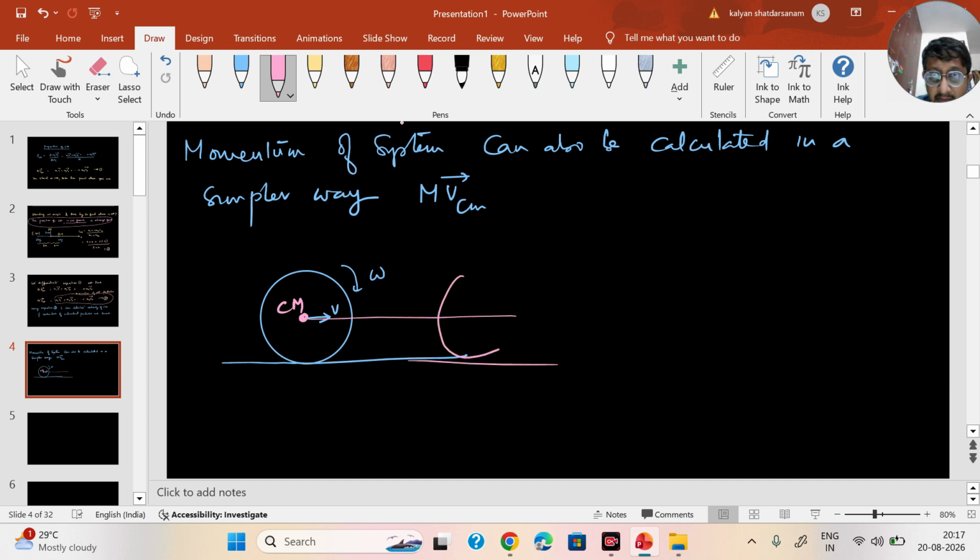After some time the ball may be here, but center of mass is always going in a straight line, right? So what is the momentum of this ball? Total mass into v. I don't care whether this particle is going like this or that particle is going like that, because it's also rotating. All those individual particles, if you go and take their momenta and add and do all the calculation, ultimately the answer will be this only. See the beauty, how beautiful.